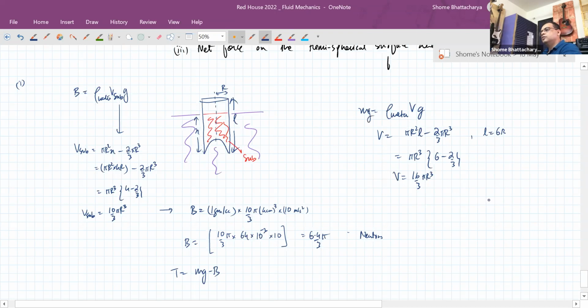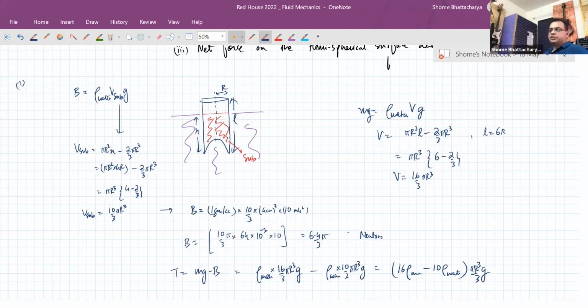So the tension will be density of metal into 16 by 3 pi r cube g minus density of water into 10 by 3 pi r cube g. So this is 16 times density of metal minus 10 times density of water, into pi r cube g by 3. Okay. And then you can substitute and find out the answer finally. So this will be the tension.